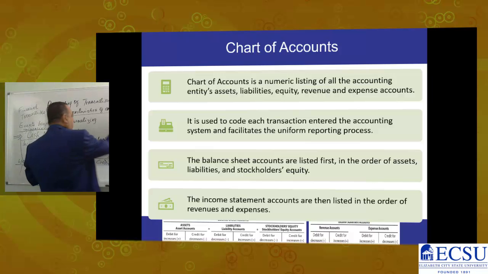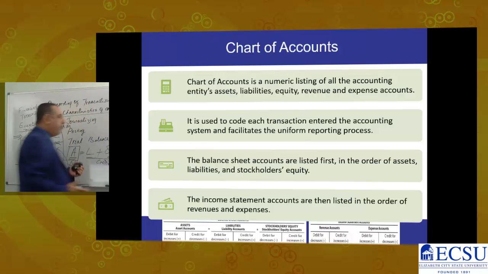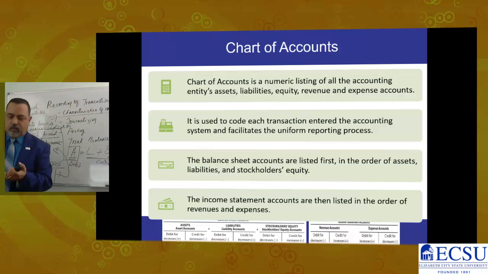We'll be opening accounts, so there will be assets accounts, there will be liabilities accounts, there will be owner's equity accounts, and then there will be revenue accounts, and there will be expense accounts. So these are the separate accounts that we open.